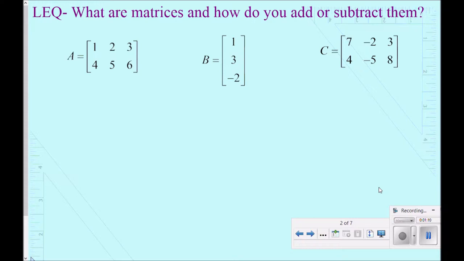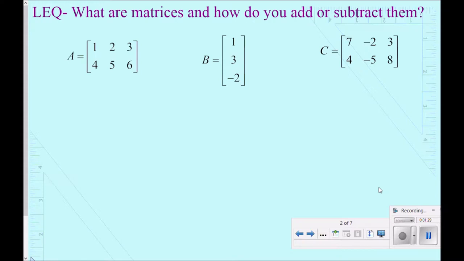Matrices allow you to do those operations with hundreds or thousands of numbers very quickly, all at once. So that's the reason for matrices. Again, these matrices are small. They only contain a few numbers each, but generally matrices are used when you have a lot of numbers.